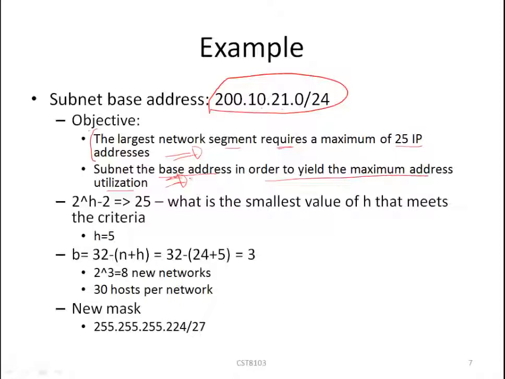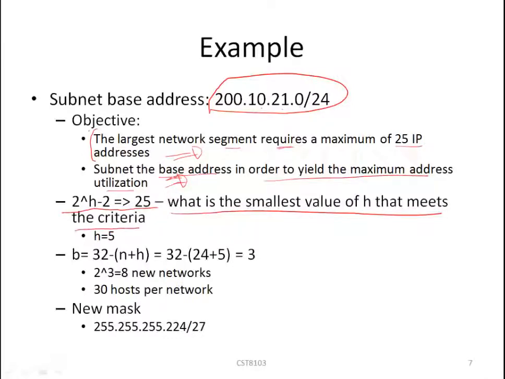In this case, we will use the formula 2 exponent h minus 2 must be greater than or equal to 25. So what is the smallest value of h that meets the criteria?